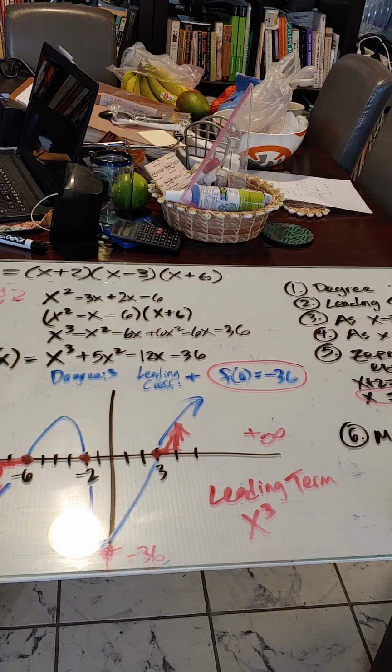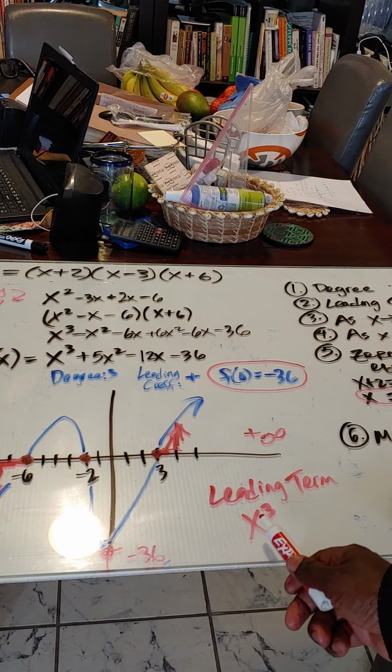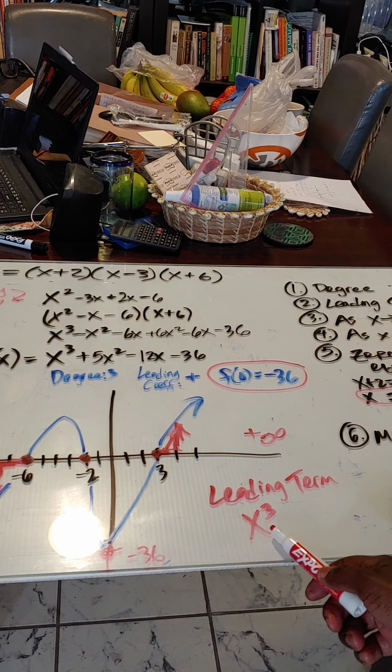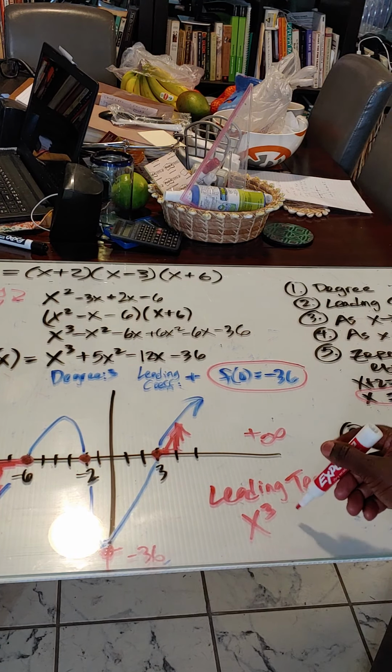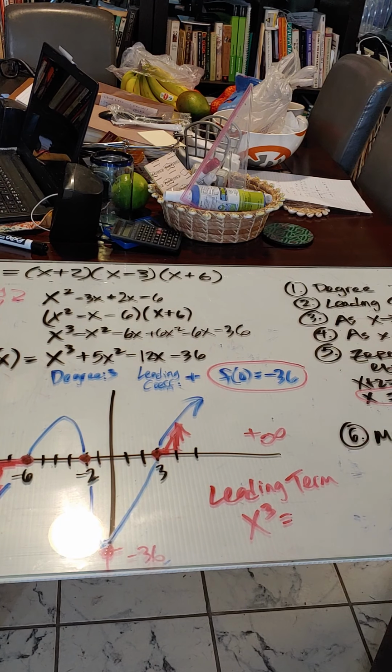So, I mean, if you imagine if this were negative, any negative number, what's going to happen? So if this were negative, how many x's would I have? 3, right? So if that x were negative, I would end up with what?